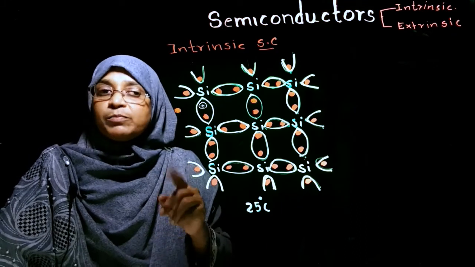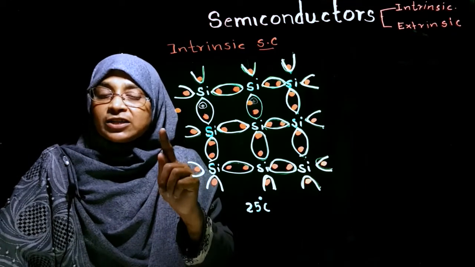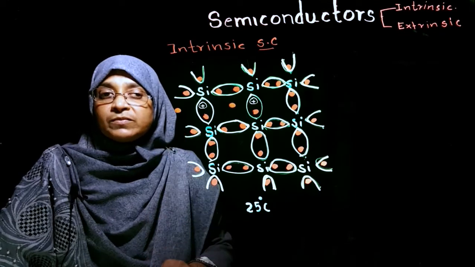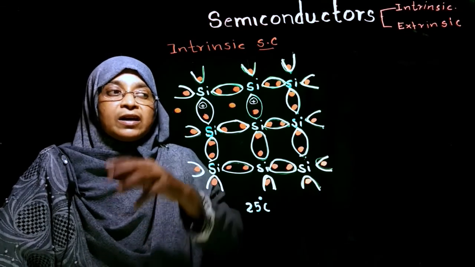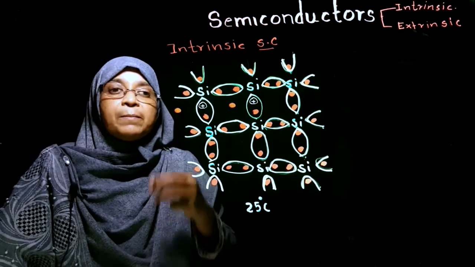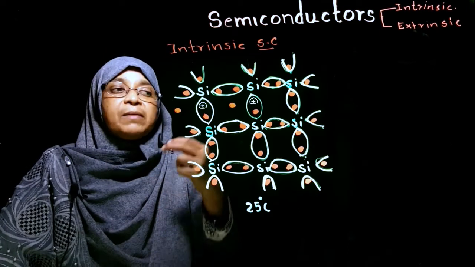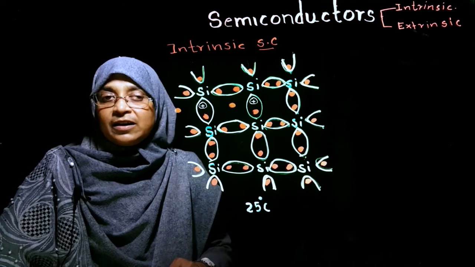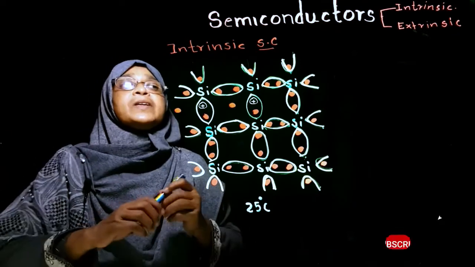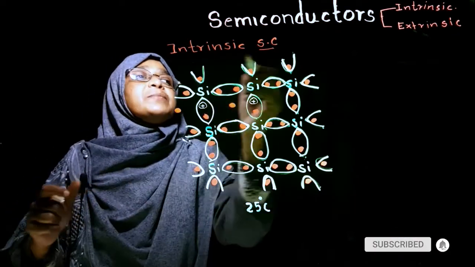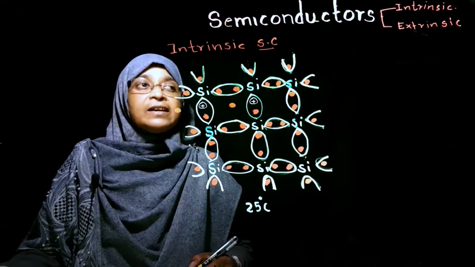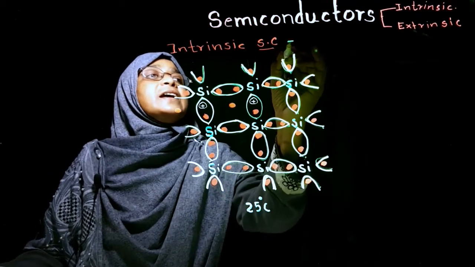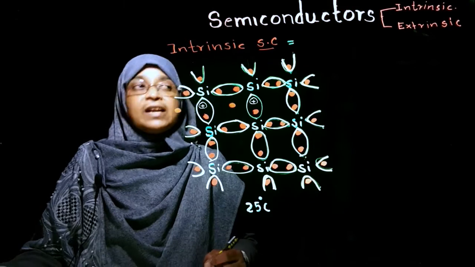When a bond breaks, a free electron and a hole form. So in this lattice, the number of holes and the number of free electrons are equal. So we can say this intrinsic semiconductor is electrically neutral.